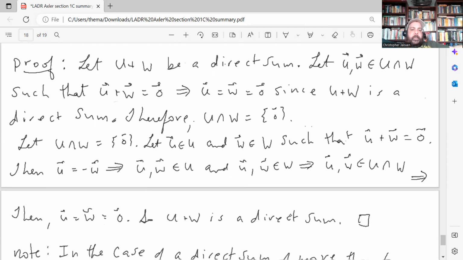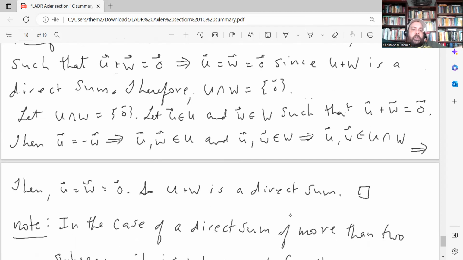And going the other way, let U intersect W equal just the set containing the zero vector, and let U be an arbitrary vector in U, W an arbitrary vector in W, such that U plus W equals the zero vector. That means that U has to equal the additive inverse of W, which means that U and W have to be elements of the subspace U because it's a subspace, and also that means that U and W have to be elements of W again because it's a subspace, which means that U and W have to be elements of the intersection.